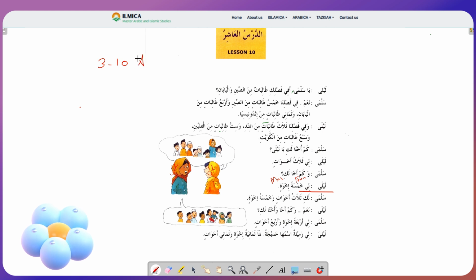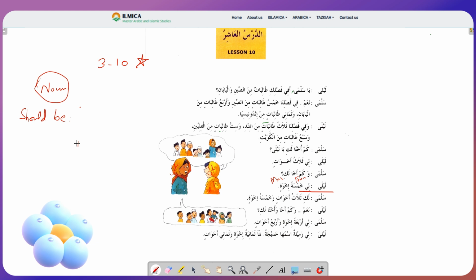For numbers from 3 to 10, the noun should be, number one, plural. Second, it should come with tanween at the end.